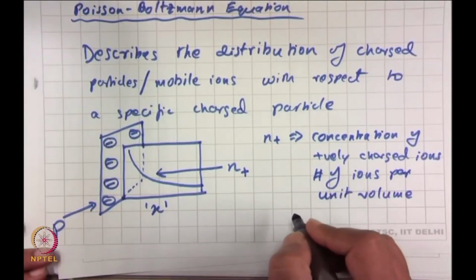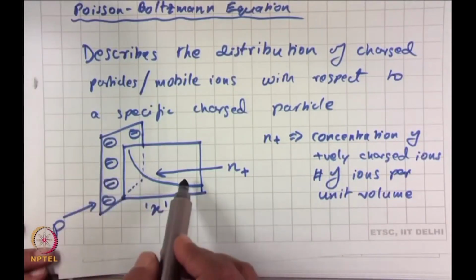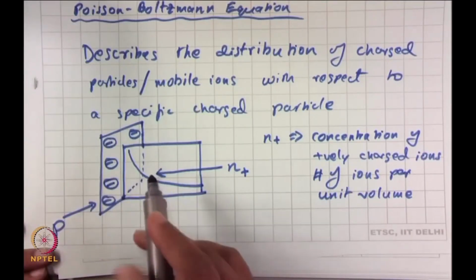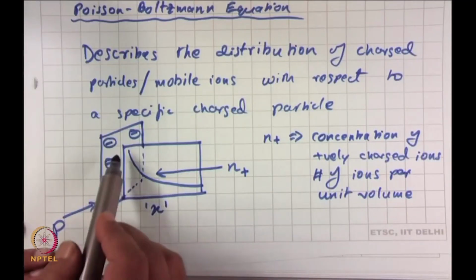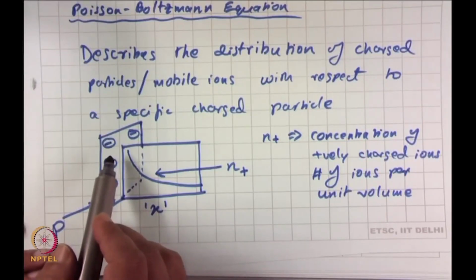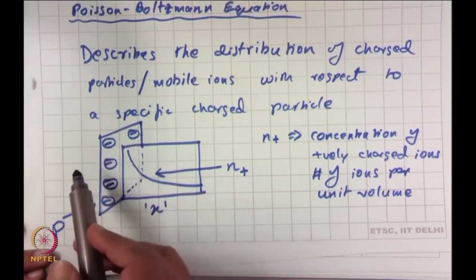That is how you define a concentration. Now, you can see what happens. Do not worry about how this function looks, but you can at least rationalize it. The closer you are to the negatively charged plane, the concentration of positively charged ions, that is n plus, would be high, because there is an attractive potential.